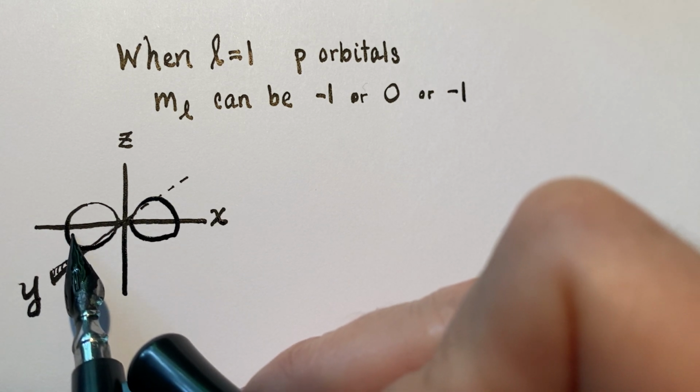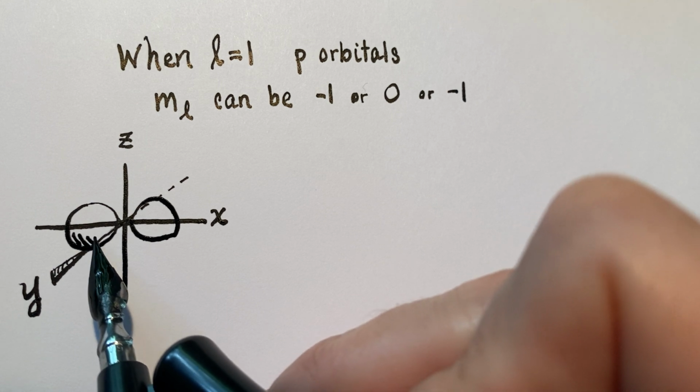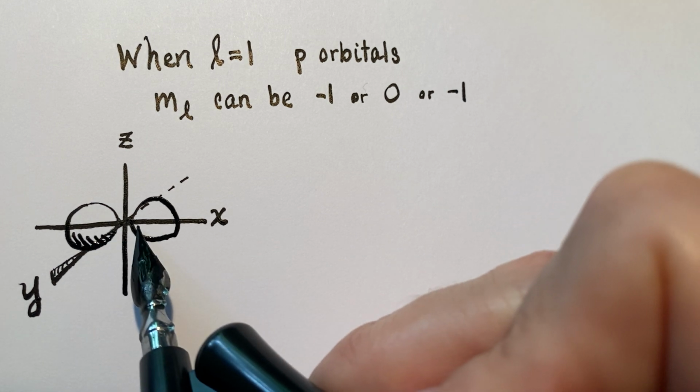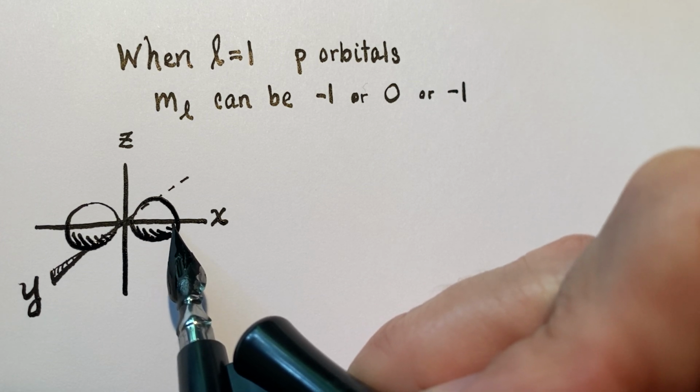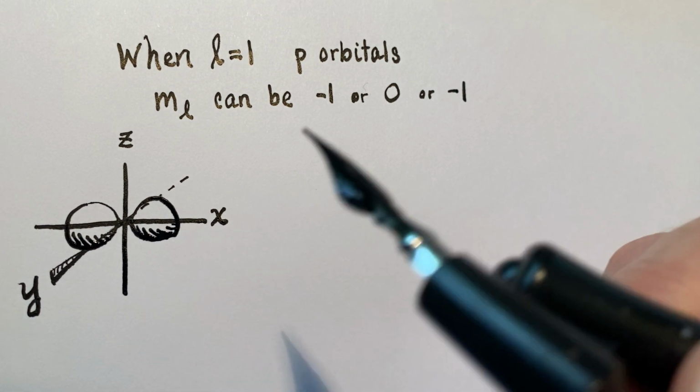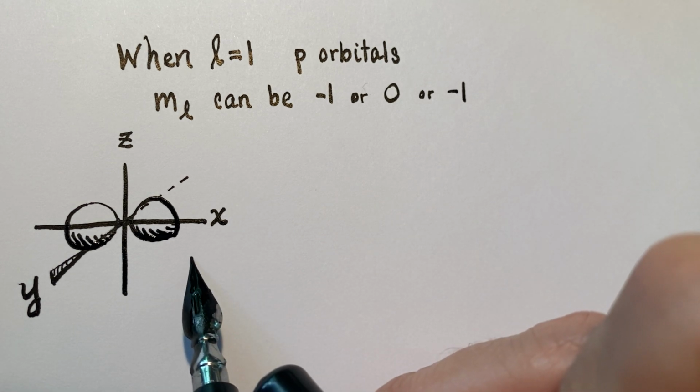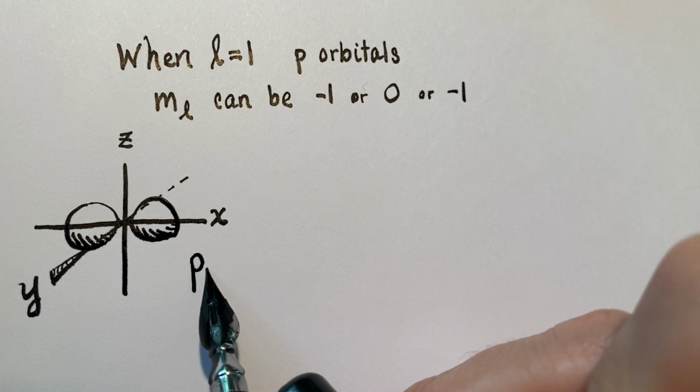So this orbital lying along the x-axis is defined as a px orbital.